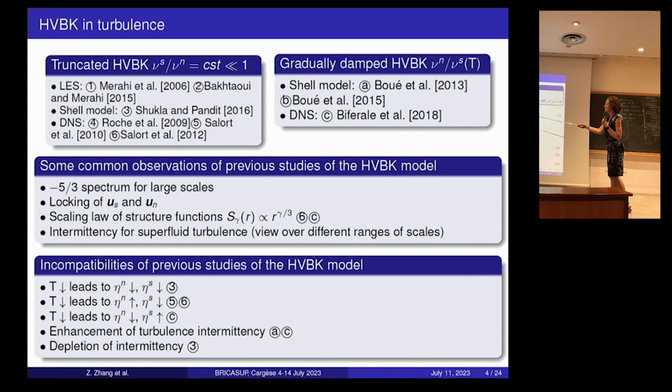Some incompatibilities of these studies: some references show that the Kolmogorov scales, as computed from those simulations, increase or decrease with the temperature, so there is not a real agreement between all studies. An enhancement of turbulence intermittency, some people agree, some people do not, and depletion of intermittency.